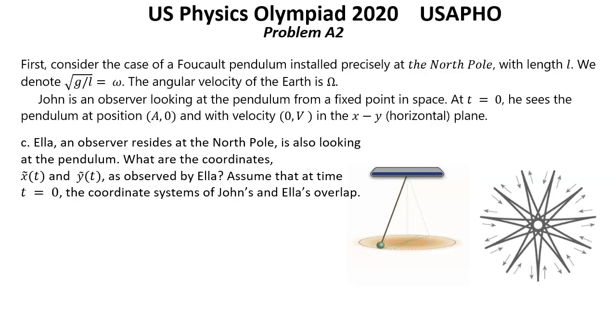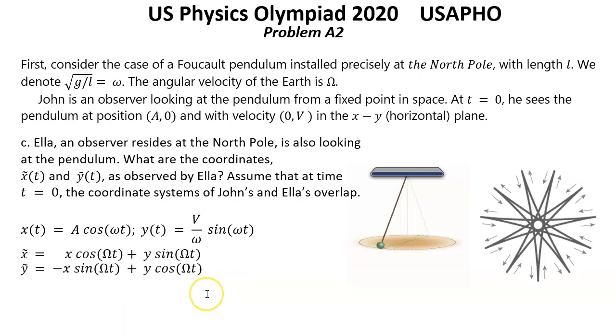Solution for question C. In the previous question we found that in our inertial frame of reference, x equals A cosine omega t and y equals v over omega sine omega t. In a frame of reference rotated by angle big omega t, we have the coordinates transformed to the rotated frame.